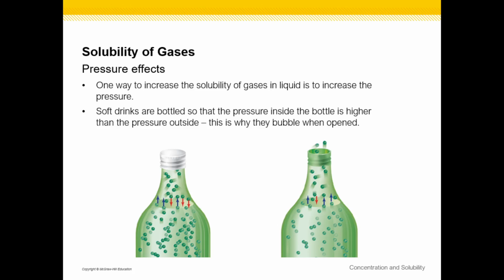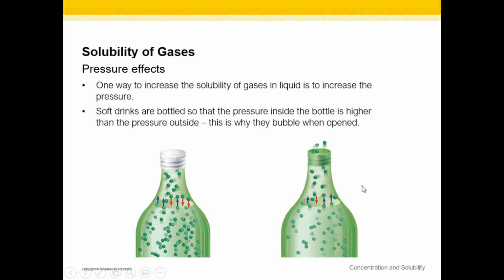Because remember, if you have pressurized gas, you have a lot of extra gas particles, right? And so if you have all those extra gas particles, there's not as much room for these gas particles to come out of solution and be up there with the other ones because there's so many already. And so if you pressurize the solution, you can force these gas particles to stay in solution a lot easier, okay?